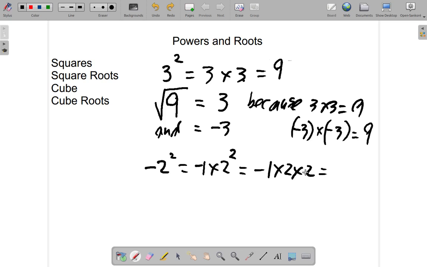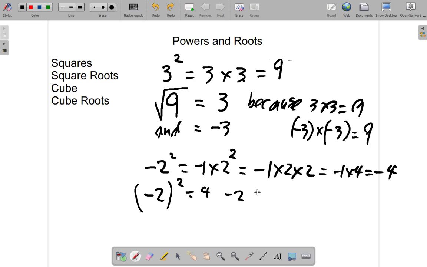So what you get is negative 4. 2 2's is 4, so it's negative 1 by 4, which is negative 4. And that's not what you intended, so you must use the brackets. If you want negative 2 squared, you have to put in open bracket, negative 2, close bracket, squared, and then you get your positive 4.